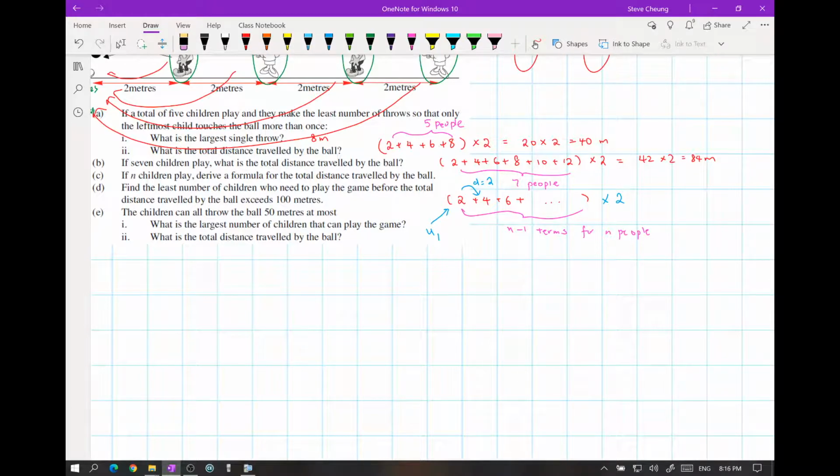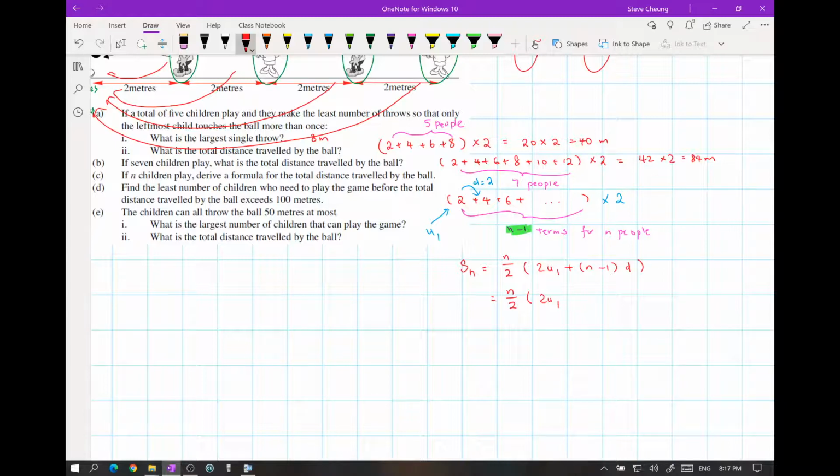Because I'm adding them, this should be S sub n. S sub n is n over 2 times (2u1 plus (n minus 1)d). So n is still n. Well, actually, n is not n. So n is n minus 1, because there's only n minus 1 terms here. So it's kind of odd, the index here, because they don't actually correspond.